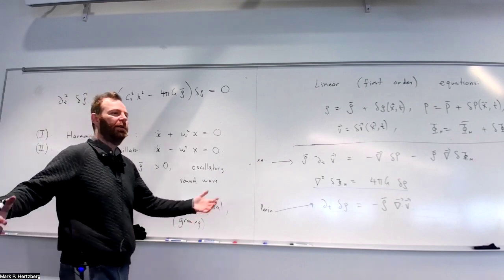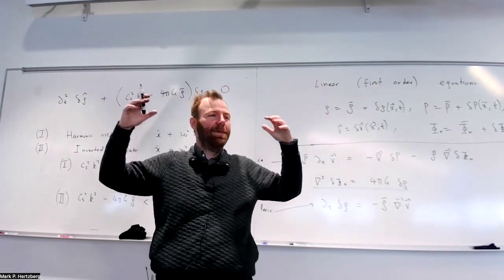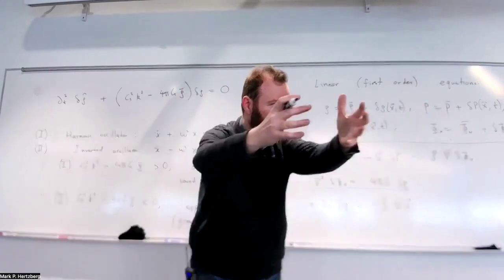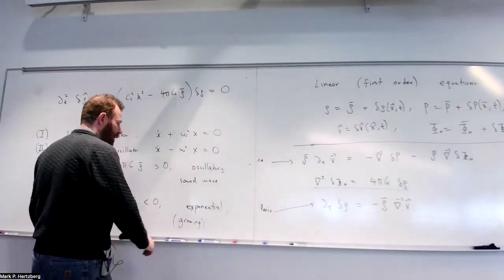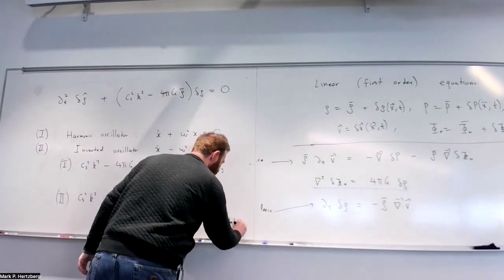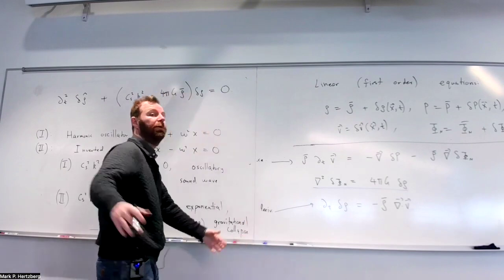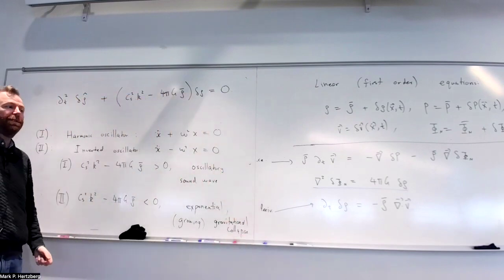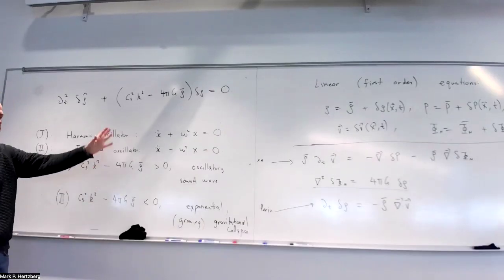That's what you expect gravity to do: if you have a slight overdensity, it wants to become more overdense over time. The system wants to collapse, which means its density goes up. So this is related to gravitational collapse. It's linear theory, so maybe we can't track it all the way until it fully collapses, but it's the first phase of that collapse that we can track using these equations.